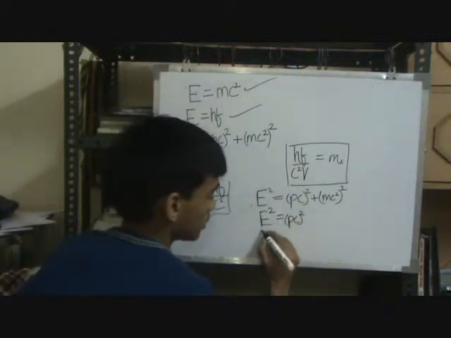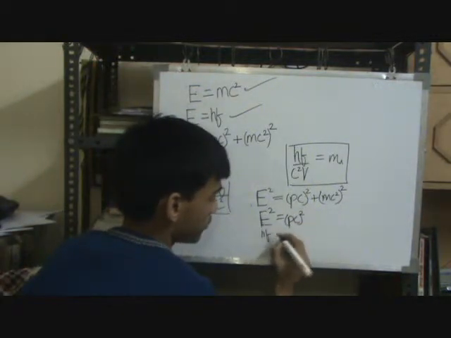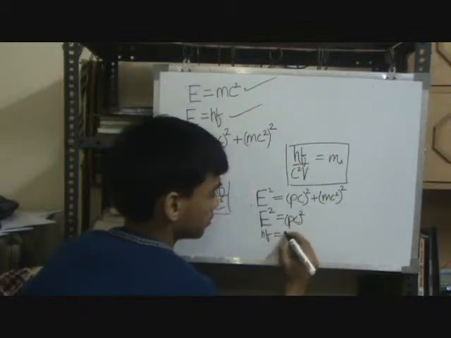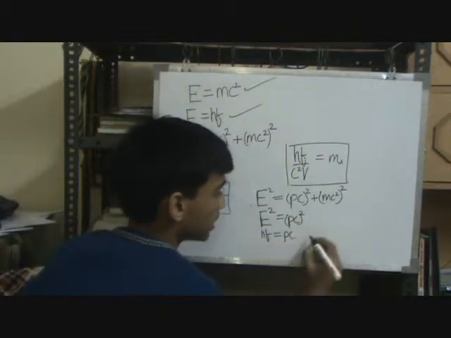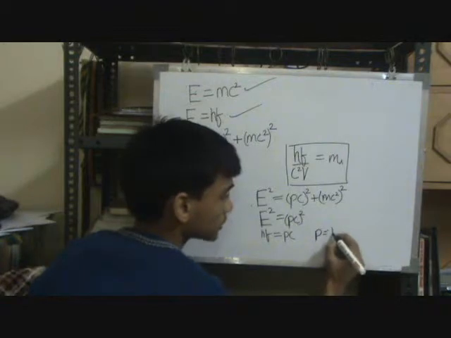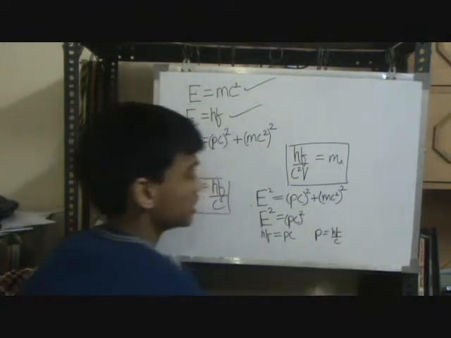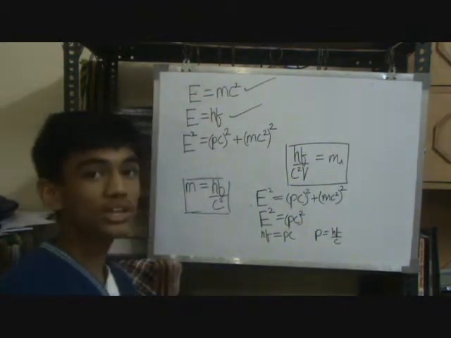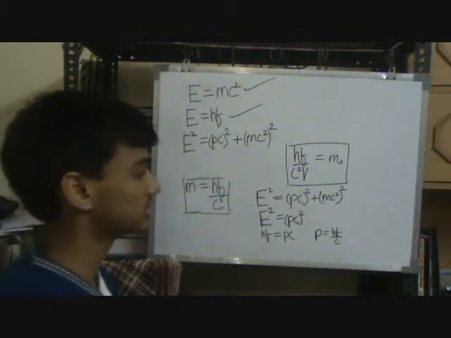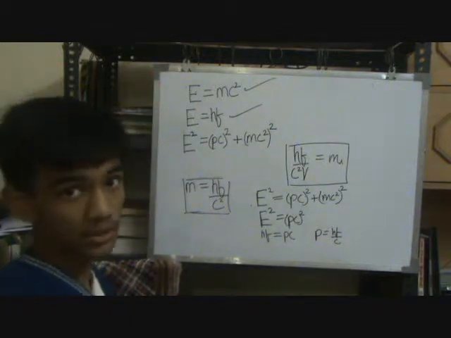Therefore hf is equal to PC, and P equals hf by c, where P is the momentum. Therefore we take the momentum of a photon as its energy upon its speed.